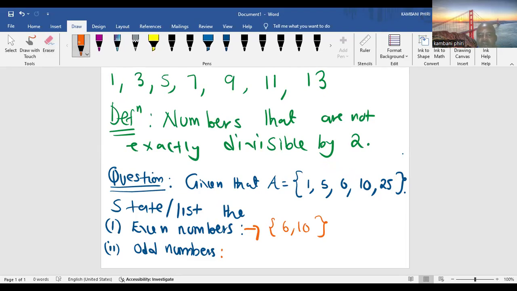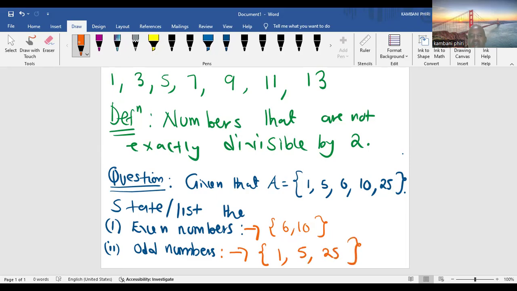Then, for this one, what do we have? It means when you remove even numbers, whatever will remain will be odd. So we have 1, 5, and 25.